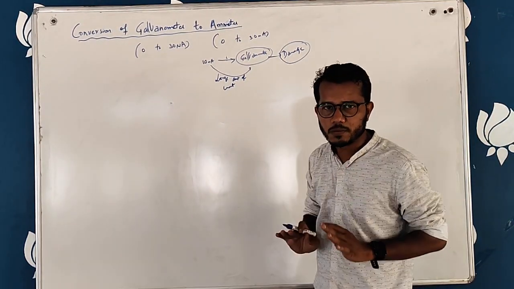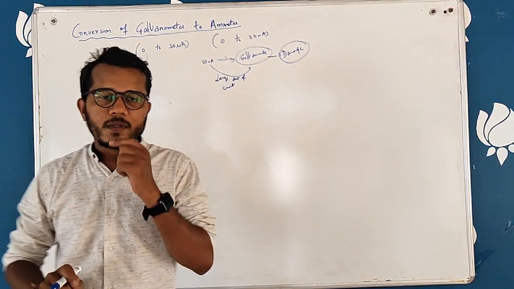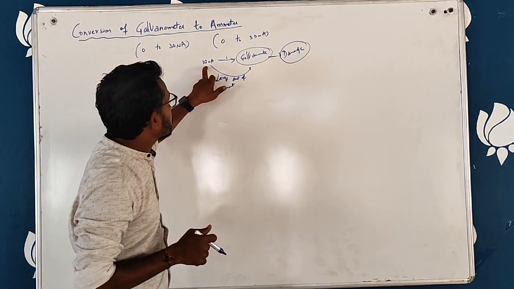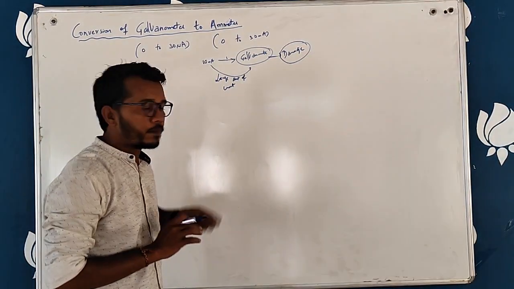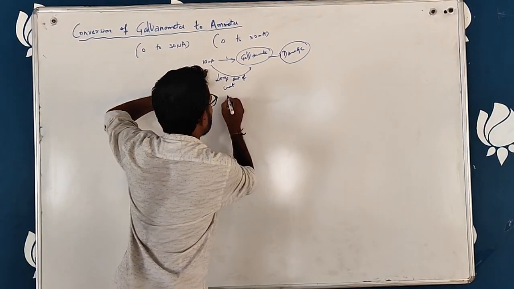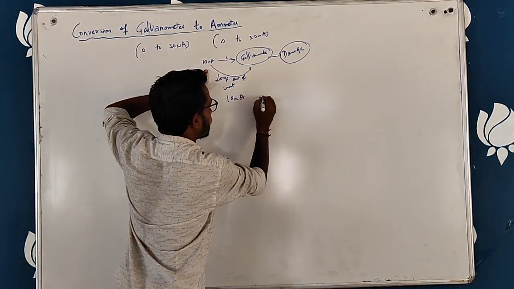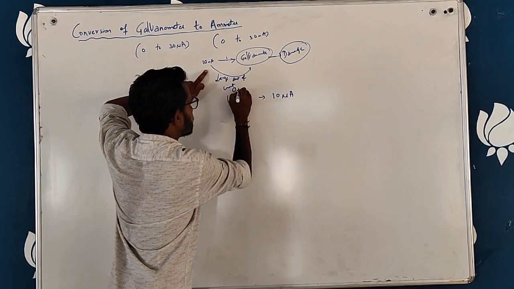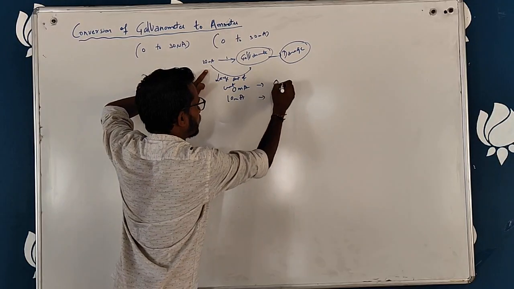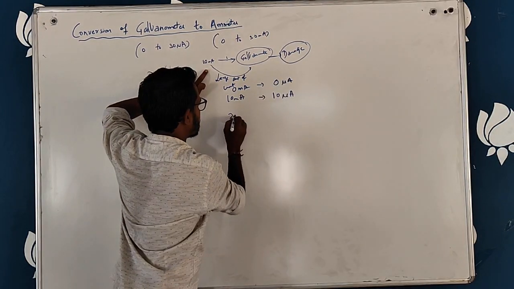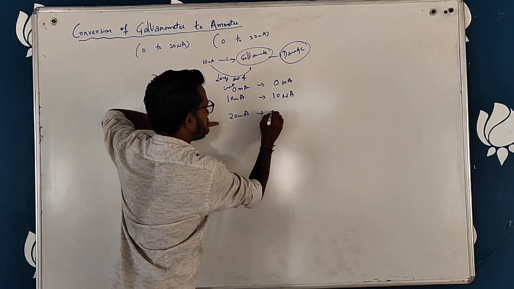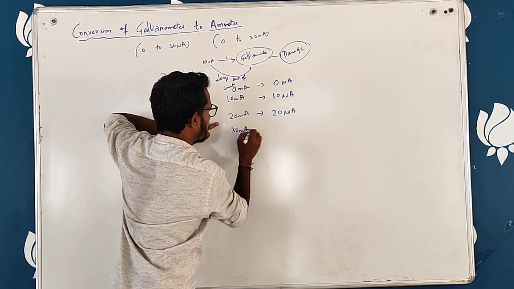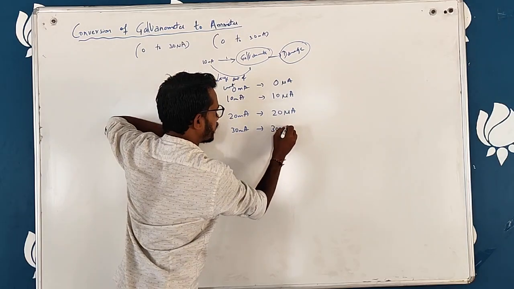So how to convert this? First, I need to convert 10 milliampere into 10 microampere. If there is 0 milliampere current, I convert to 0 microampere, if there is 20 milliampere, then 20 microampere, and 30 milliampere to 30 microampere.